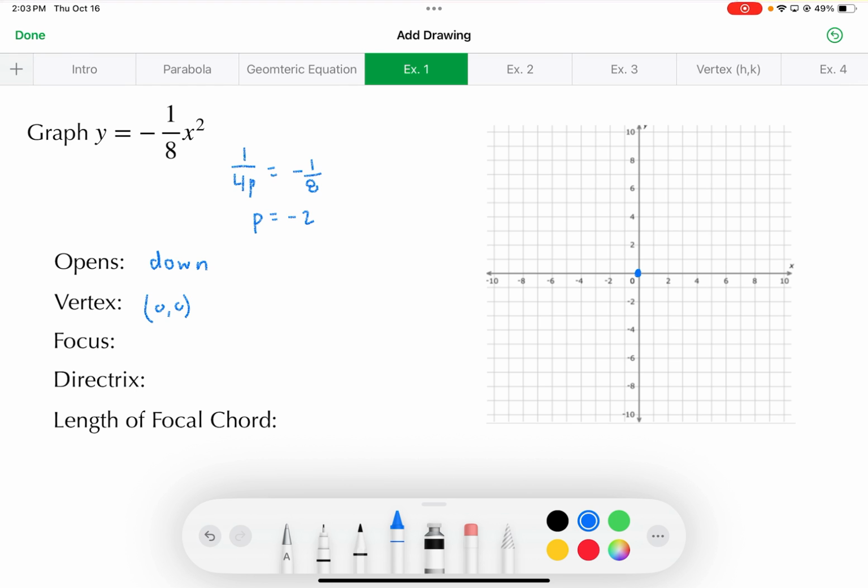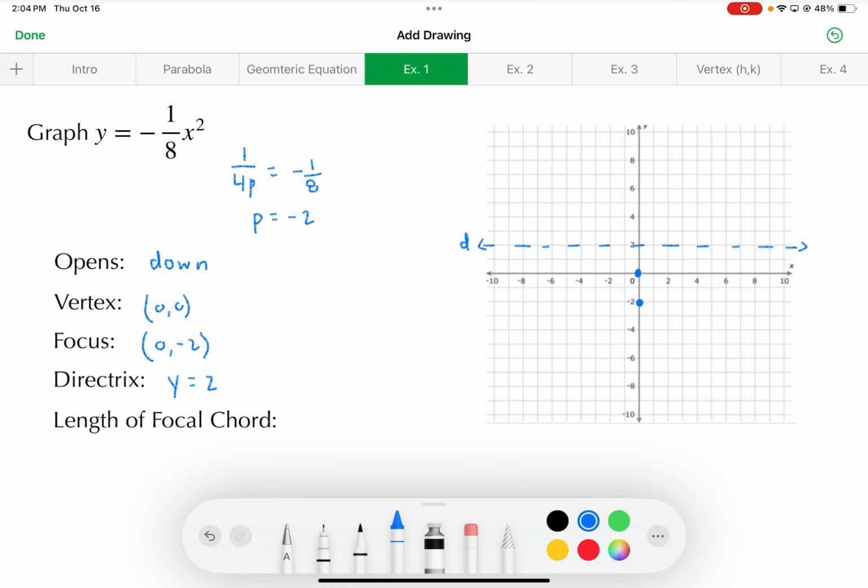Okay, so if we open down and p is negative 2, go 2 down from the vertex. That would place my focus at the point (0, negative 2). I'll go 2 up from the vertex to get to my directrix. It'll have to be a horizontal line of y equals positive 2.